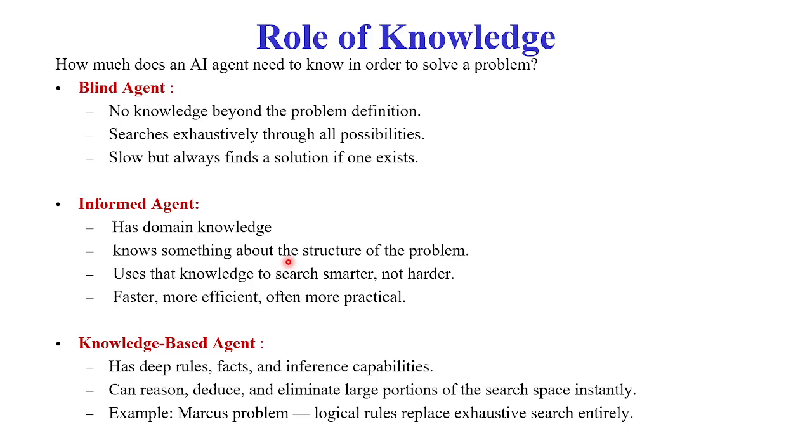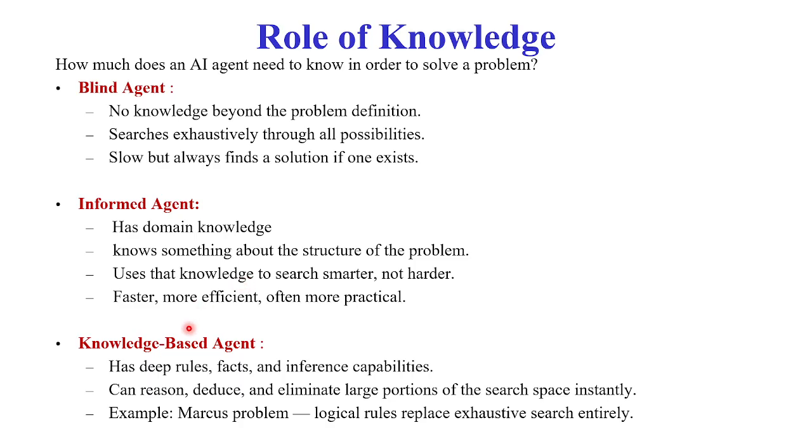So rather than trying all the paths blindly, it will use that knowledge to search smarter but not harder. Compared to the blind agent, it is much faster, more efficient and more practical.